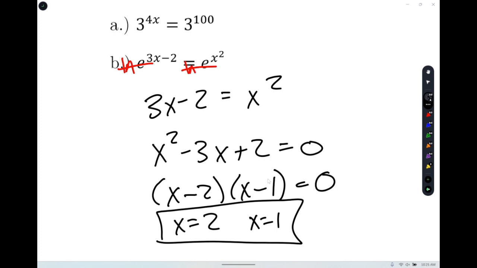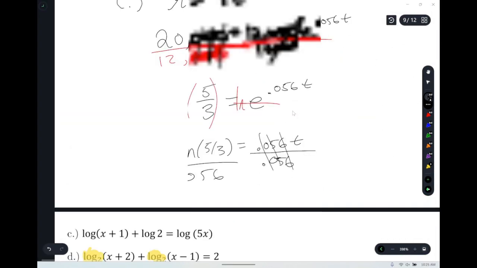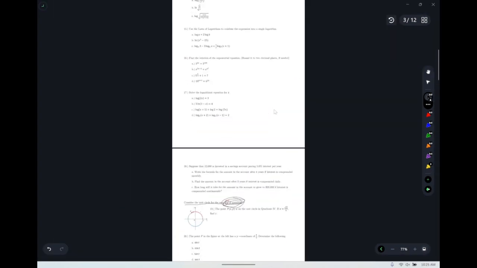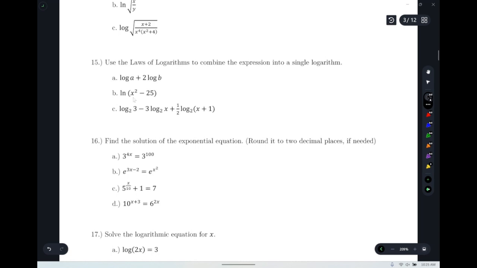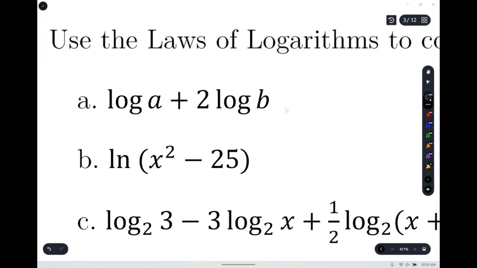Number 15A. I cannot forget. 15A? It looks easy, but... Here, I'll do it up here. It does look easy. This is what's tricking you up. How do you get rid of it?